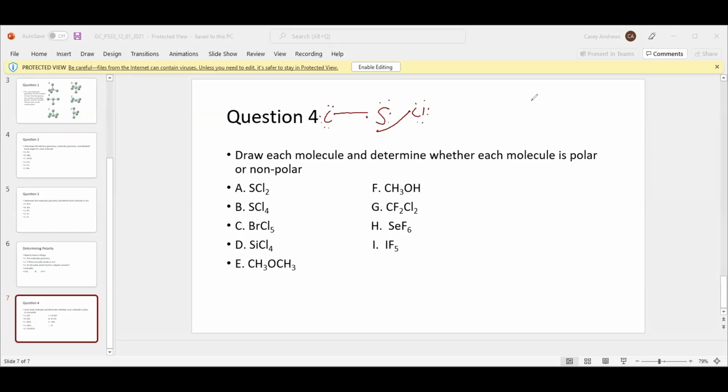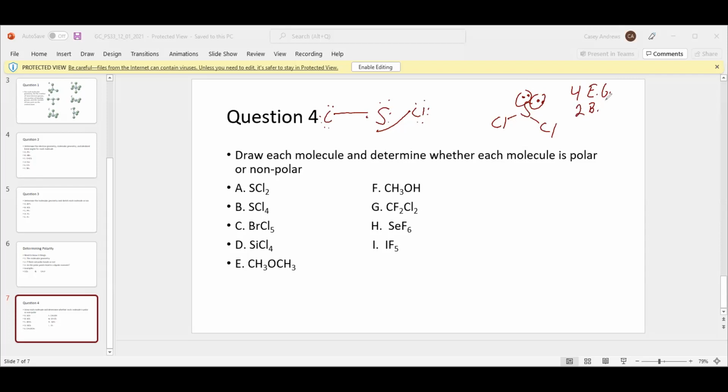So you're going to make 2 covalent bonds. And once you do that, you have to know the geometry, right? So you have sulfur with 2 lone pairs and 2 bonding groups, so 4 total electron groups.